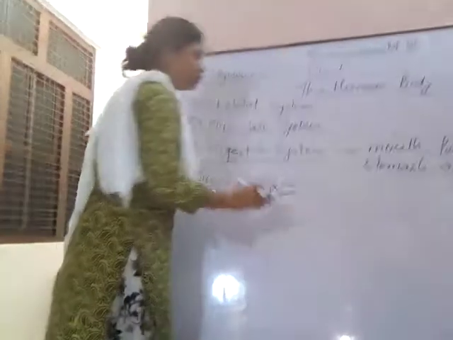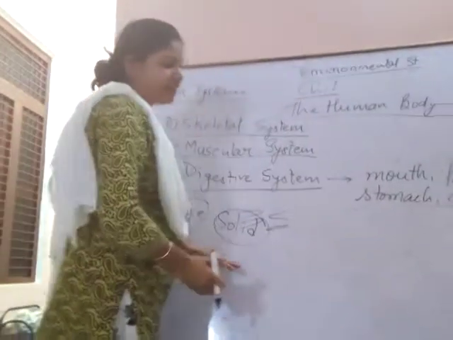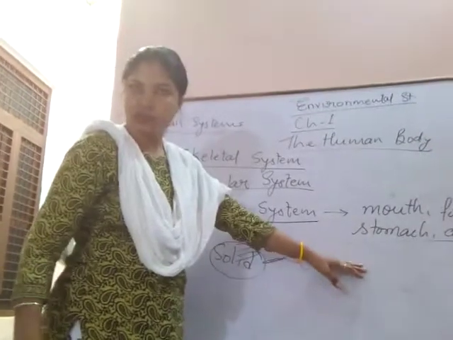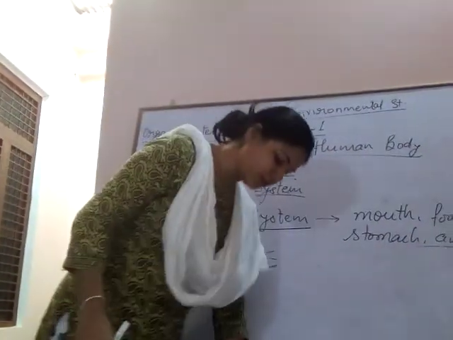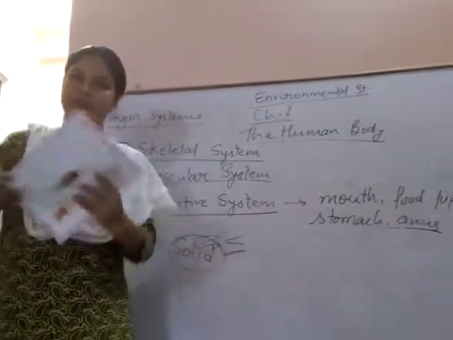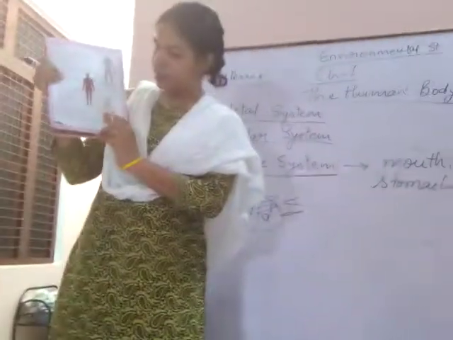After that, the solid waste is thrown out of our body by the anus. Understood? I hope everybody has a book. So here you can see the diagram clearly. Okay?